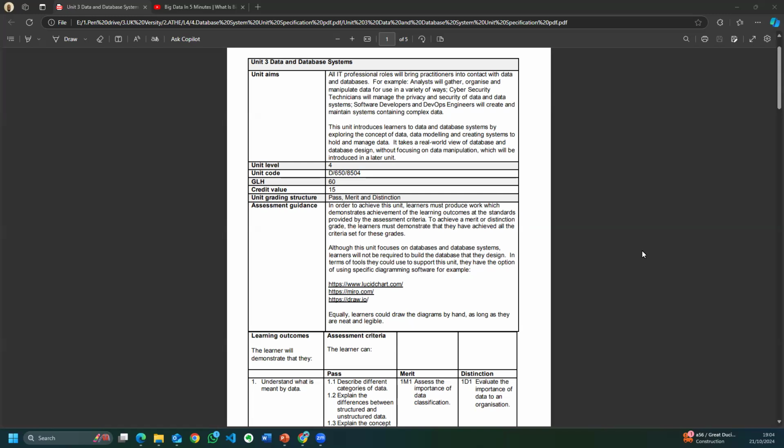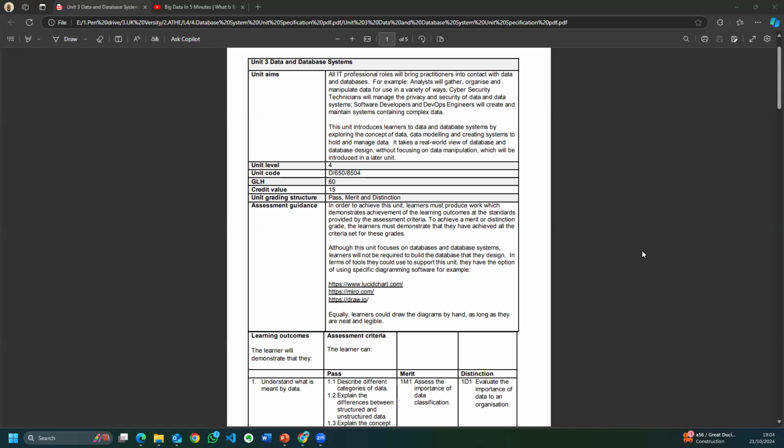And in this unit, we're now looking at the aim, where all IT professional roles will bring practitioners into contact with data and databases.